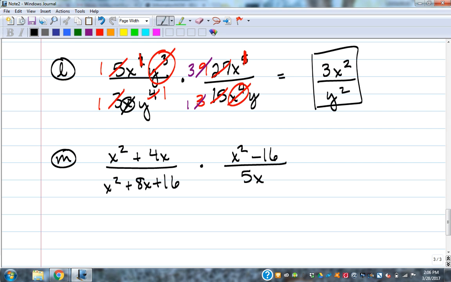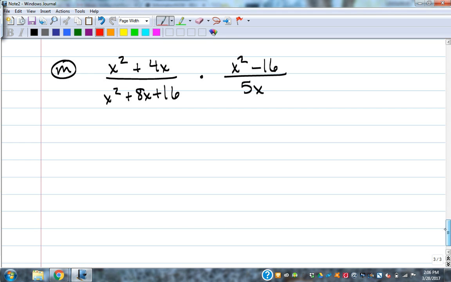Okay, so multiplying straight across, you definitely don't want to multiply x squared plus 4x times x squared minus 16. Y'all remember multiplying out those polynomials that had certain zeros and how difficult that could get, how many places you could make a mistake. And then you got to break it apart anyway. So let's simplify by factoring first.